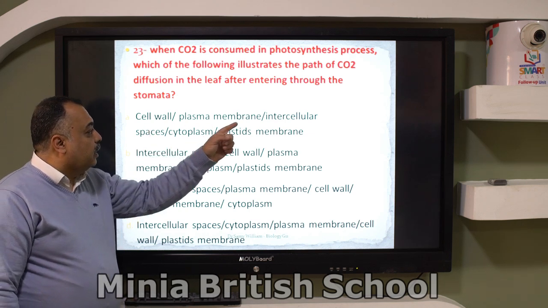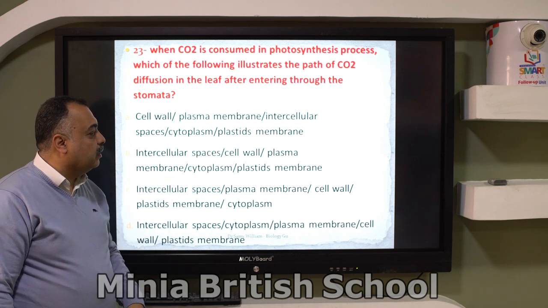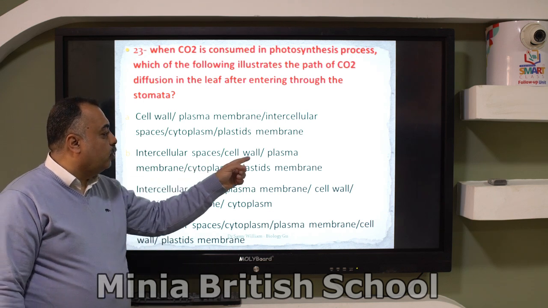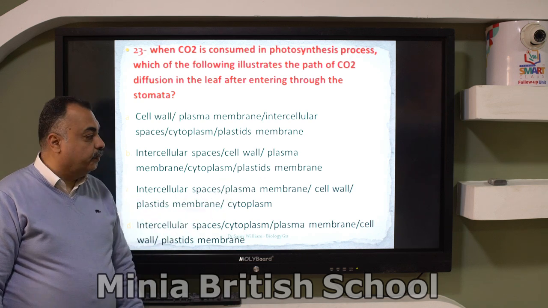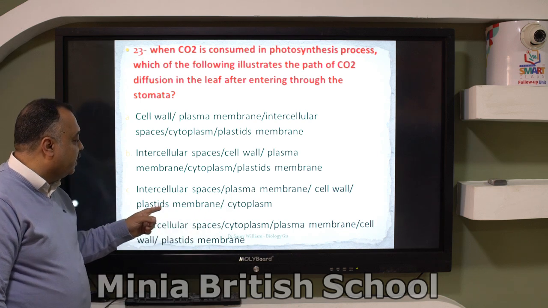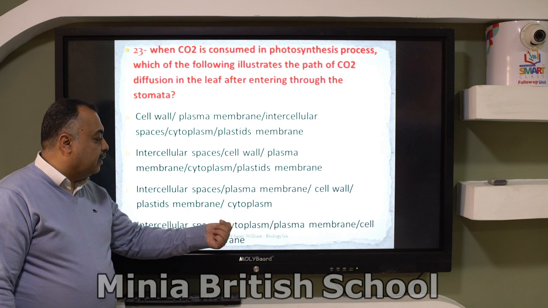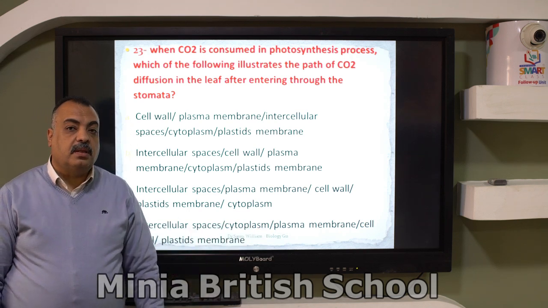Cell wall, plasma membrane, intercellular spaces, cytoplasm, plastid membrane. Intercellular spaces, cell wall, plasma membrane, cytoplasm, plastid membrane. Intercellular spaces, plasma membrane, cell wall, and plastid membranes in cytoplasm. Or intercellular spaces, cytoplasm, plasma membrane, cell wall, plastid membrane? What is the right answer?